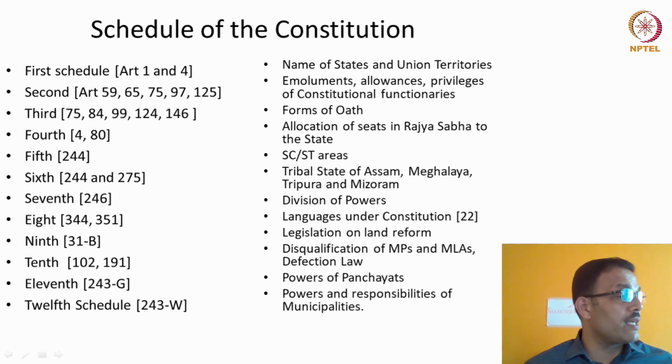So till then there were only 8 schedules, and this was to protect these legislations from judicial scrutiny, because the land reform and the zamindari system directly affected right to property, which is a fundamental right, and to give them a kind of a special status from the scrutiny of the judiciary and from the interference of the judiciary, the 9th schedule was created.